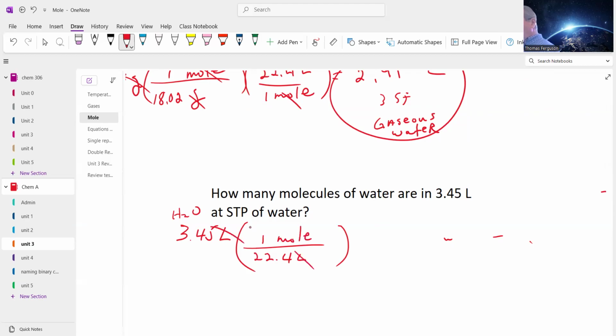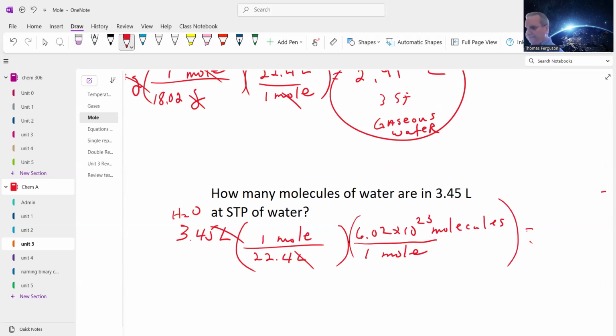Now we're going to go from moles to number of molecules. Okay, 3 sig figs is the answer.